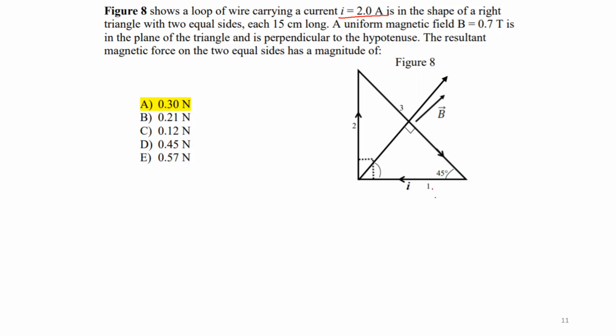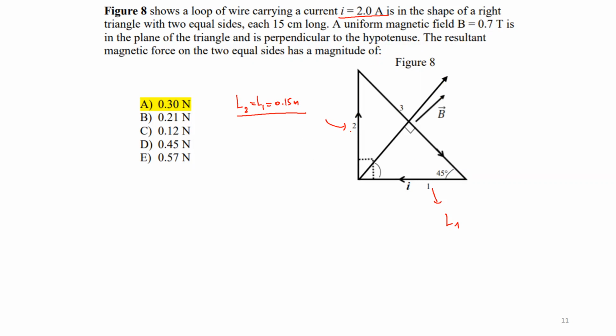So this side 1 has a length L1, and this side 2 has a length L2, and of course L1 is equal to L2 is equal to 0.15 meters. A uniform magnetic field B of magnitude 0.7 Tesla is in the plane of the triangle and is perpendicular to the hypotenuse.